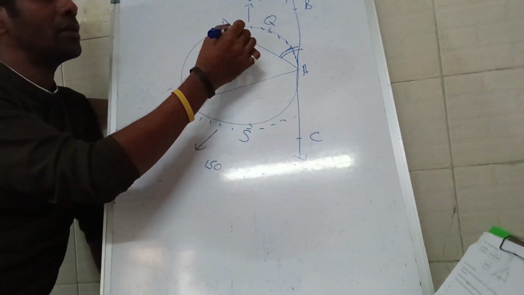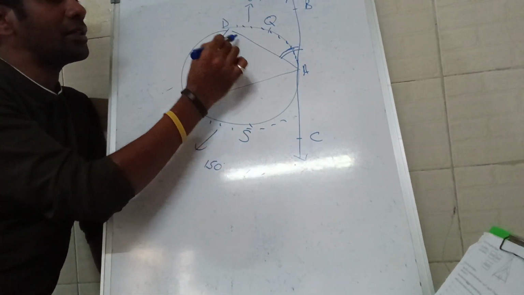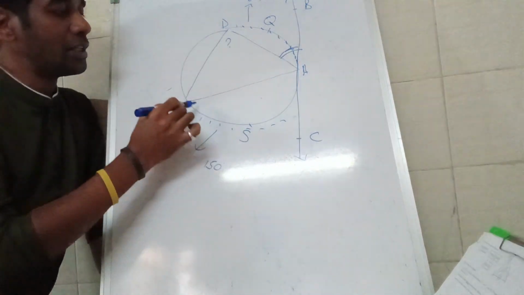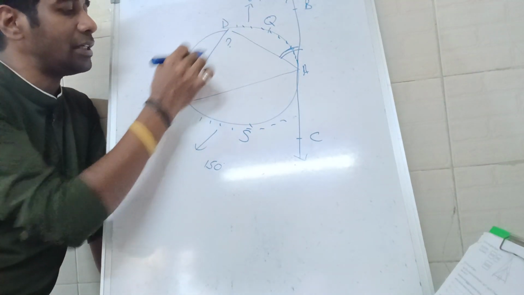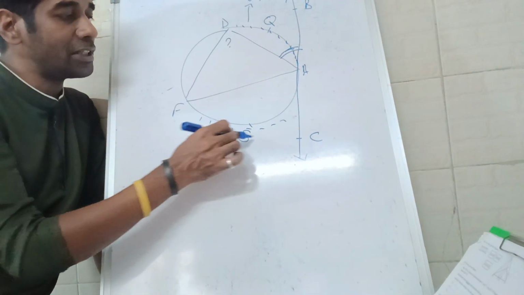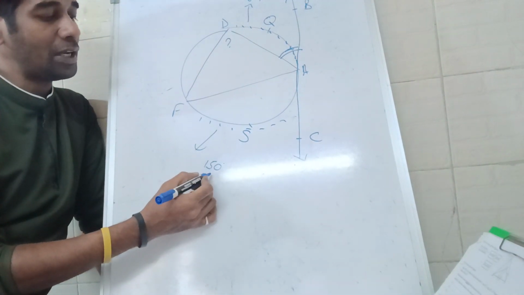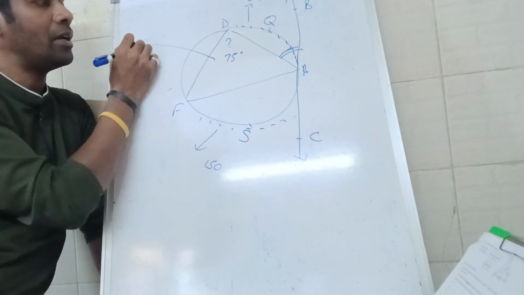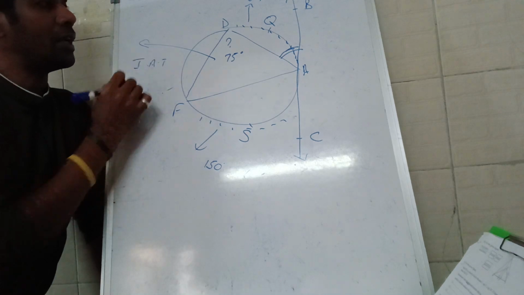See, very first thing, this is a tangent, this is a secant. Here, this is an inscribed angle. Angle ADF is inscribed in the arc ADF, and this is the intercepted arc. So obviously, if this is 150, this will be 75 degrees by inscribed angle theorem.